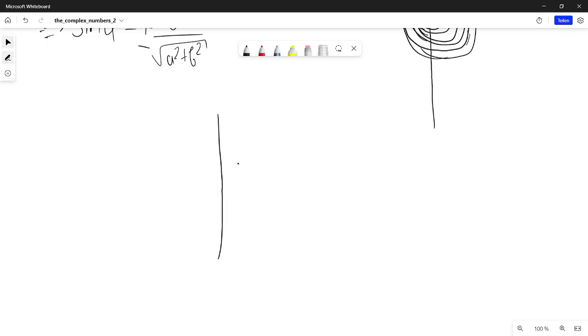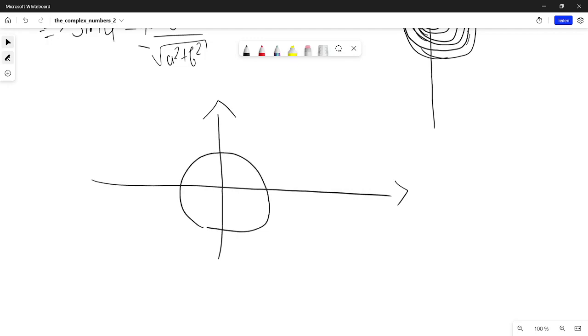amounts to simply having that unit circle having numbers like cosinus phi, i sinus phi, right? This is the initial point, and this is of course e to the i phi, right?